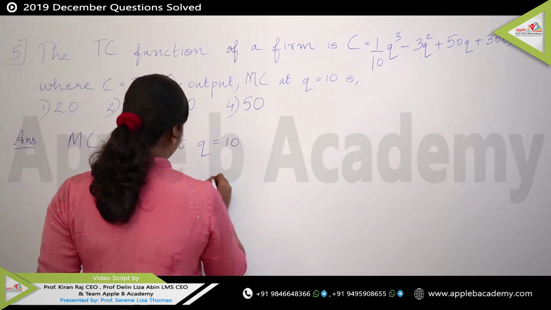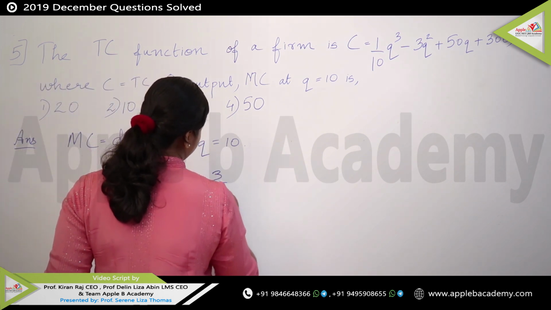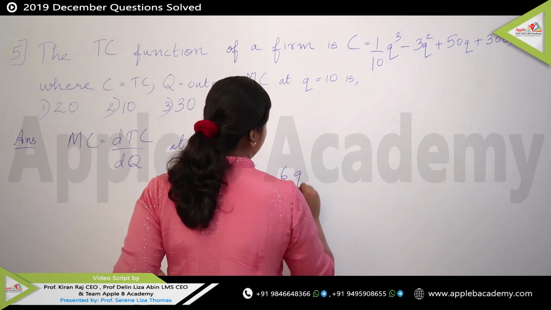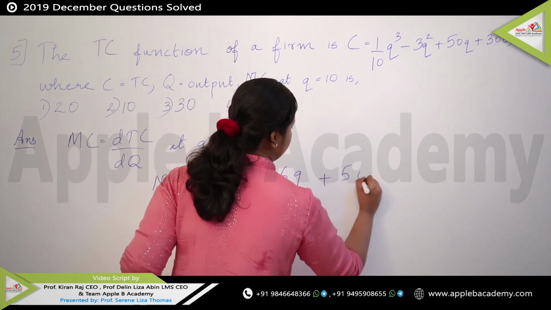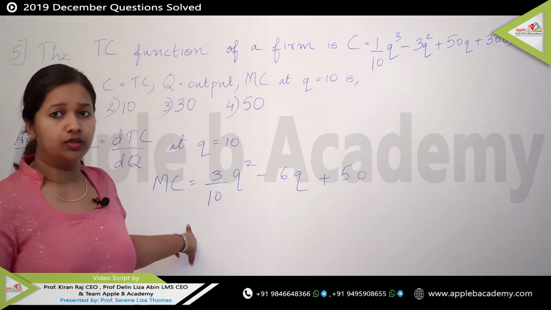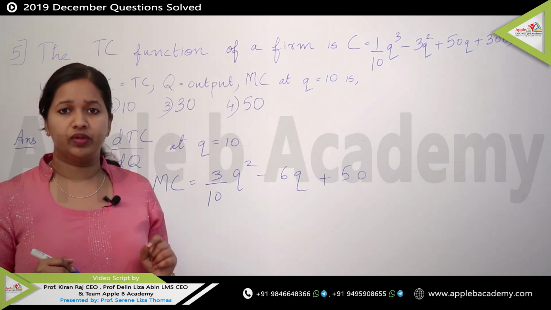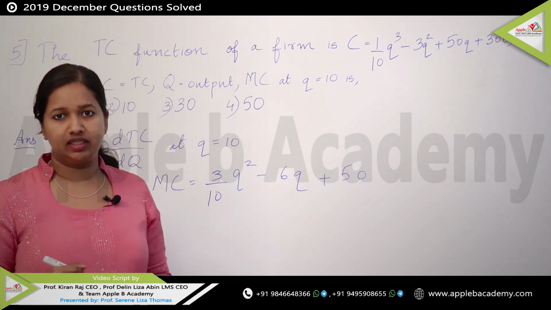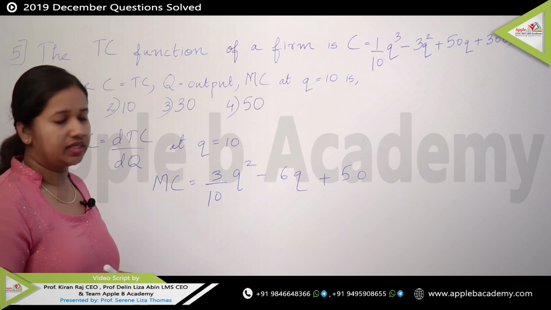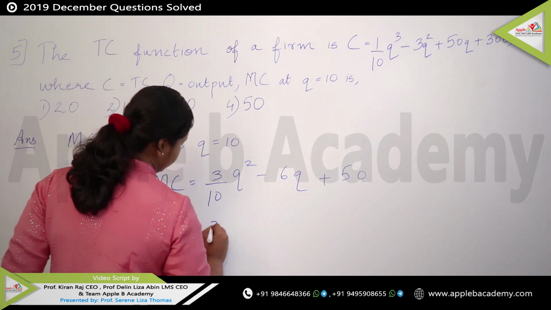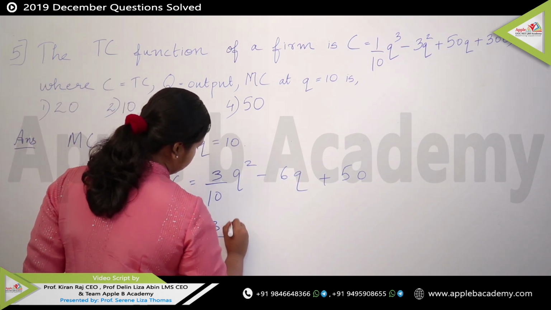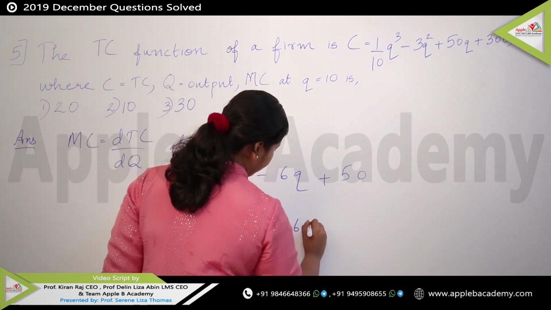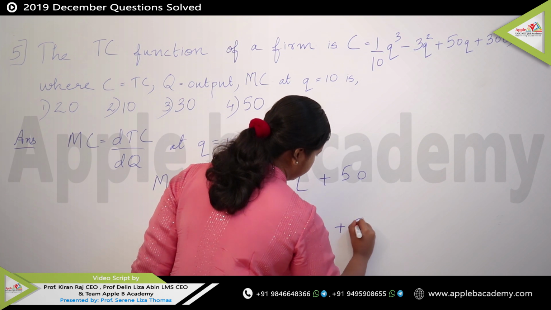Differentiating this, we get 3 by 10 q square minus 6q plus 50. Now we need to substitute the value of quantity in this, which is q equal to 10. So substituting that, we get 3 by 10 into 10 into 10 minus 6 into 10 plus 50.